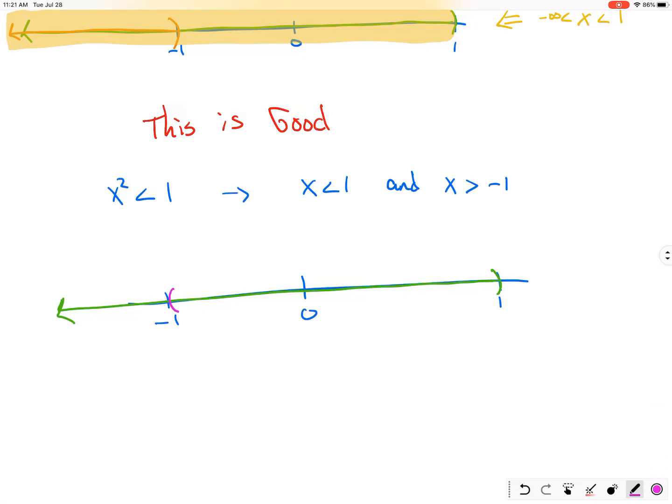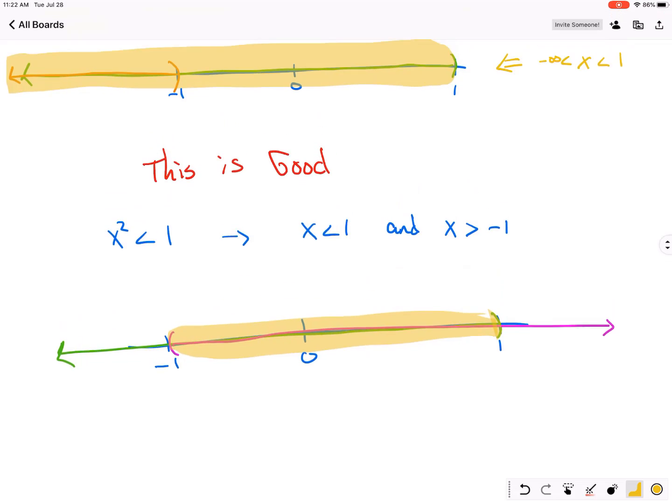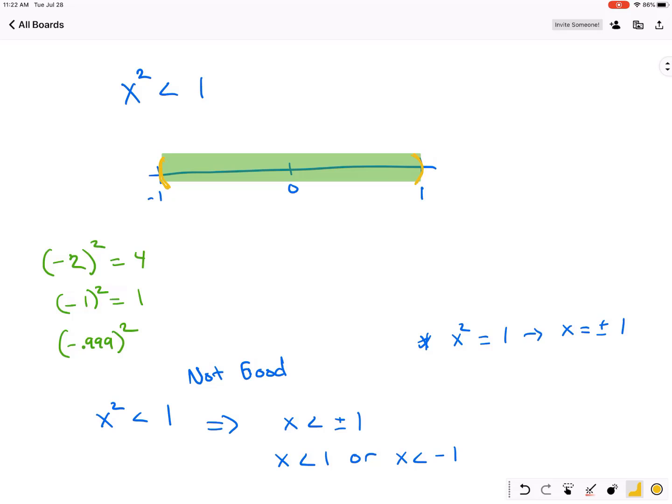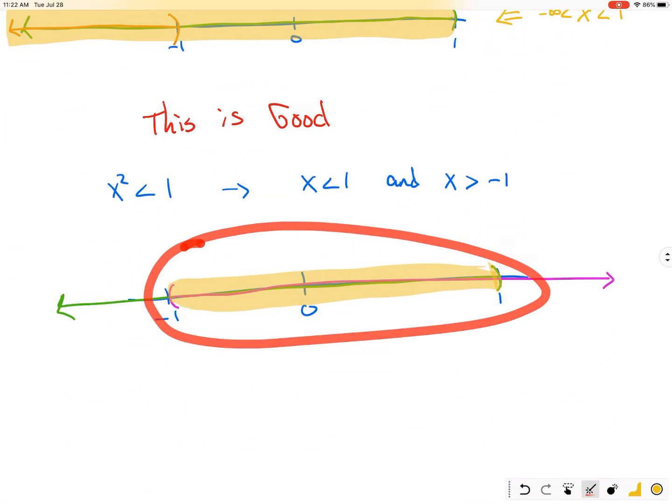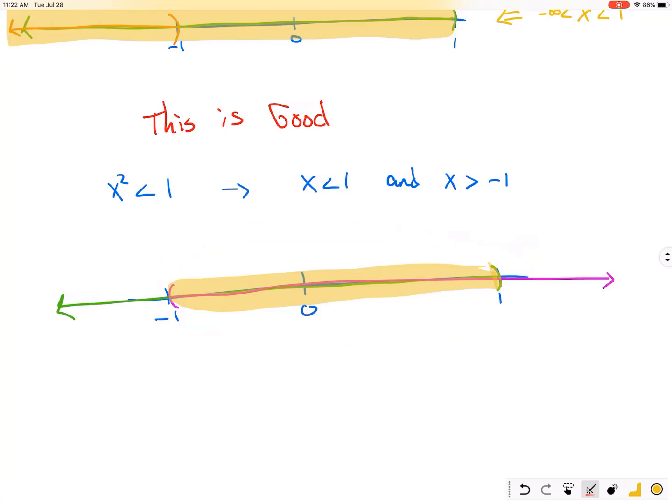And then this is x is bigger than -1, this way. And the 'and' means the intersection of those two things. So if I shade in my picture, that's this stuff. Which again is the picture we're looking for up here at the top. That picture and this picture are the same picture.